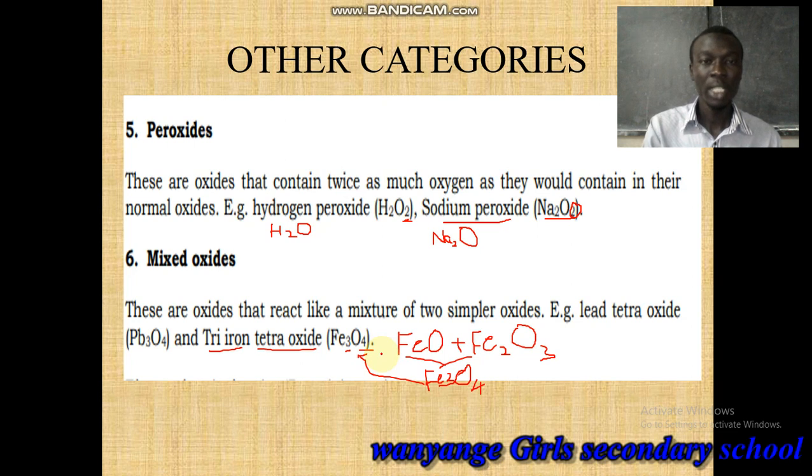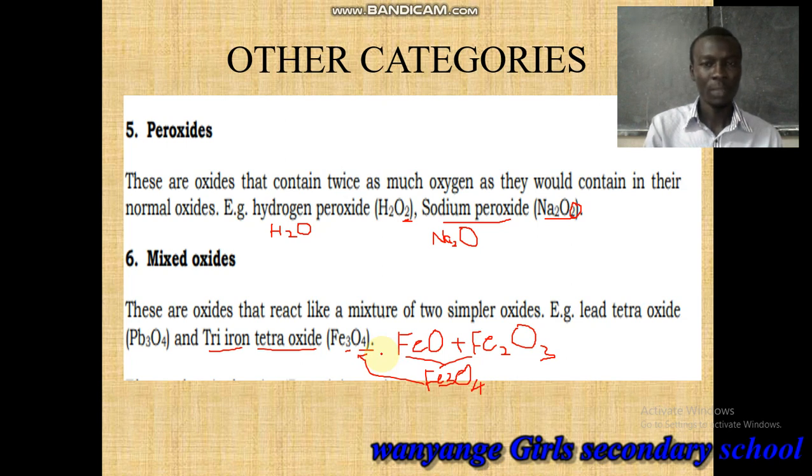Okay? Neutral oxides are neither acidic nor basic. They don't react with acids, they don't react with bases. Okay? Then amphoteric oxides are both acidic and basic. They react with acids, they also react with bases. Okay?